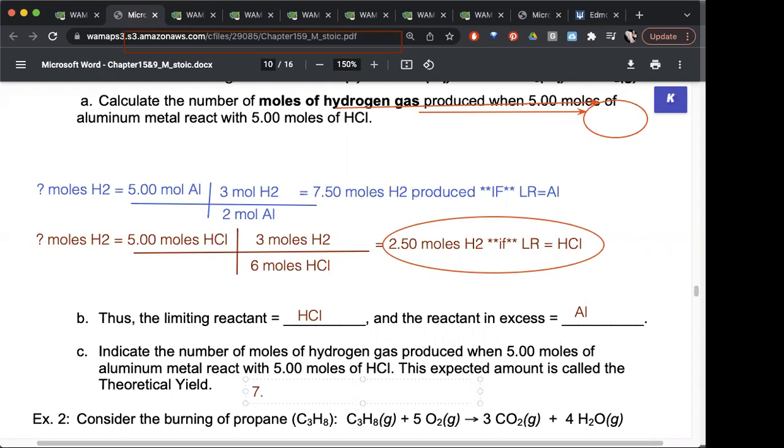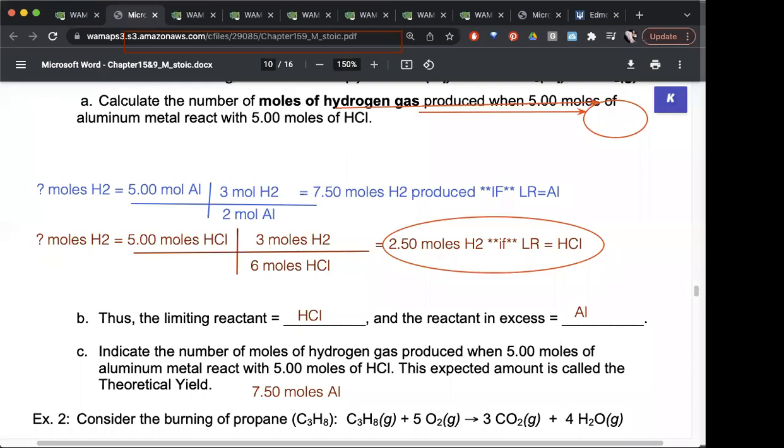We expect 2.50 moles of hydrogen. And normally we're going to convert that to grams because most people are more comfortable with grams of aluminum. You wouldn't say to your friend in the garage, hey, do you have 2.5 moles of aluminum? Usually you might say, I need 5 grams for this project I'm doing.